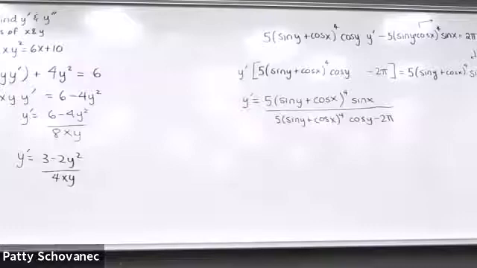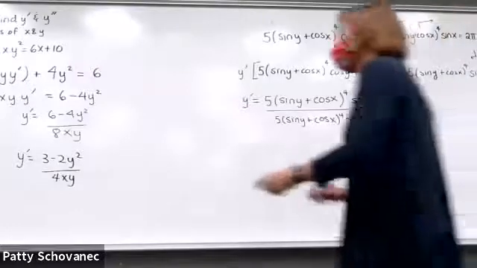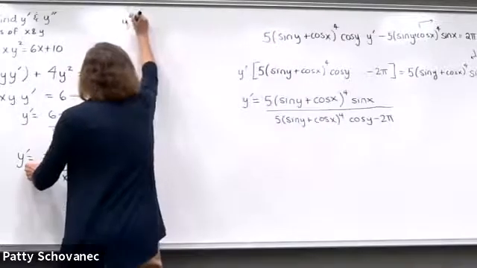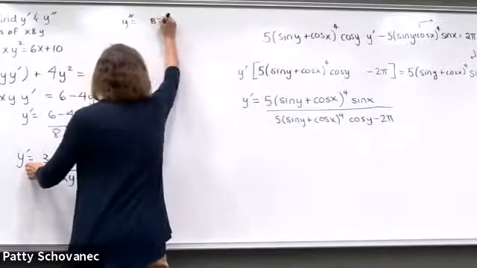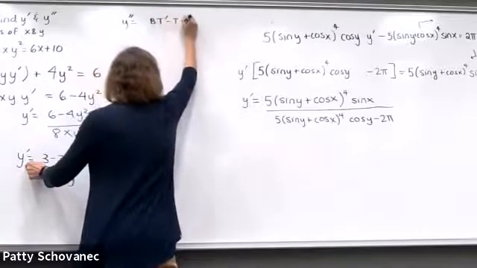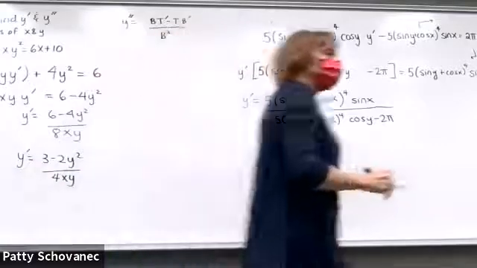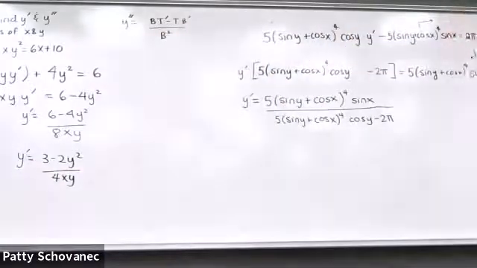Okay, doing quotient rule. The y double prime comes from taking the derivative over here. And then we're gonna do the bottom times the derivative of the top, minus the top times the derivative of the bottom, over the bottom squared. High D low minus low D high, over low low.